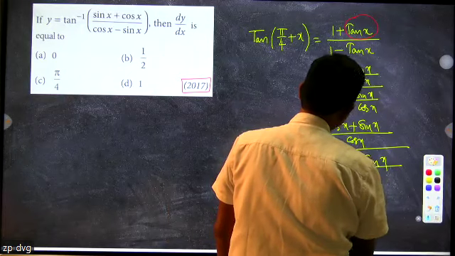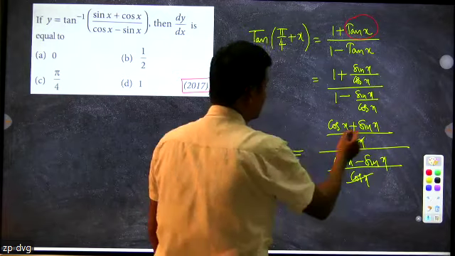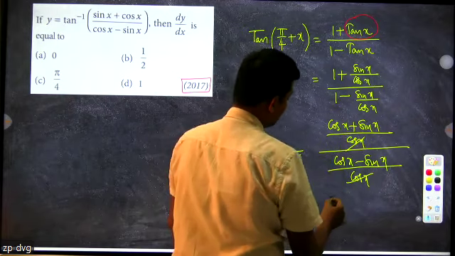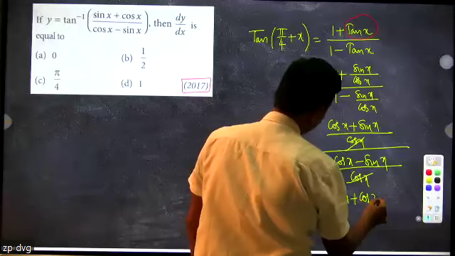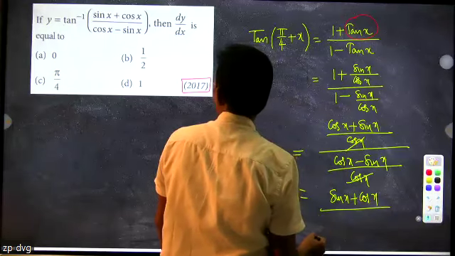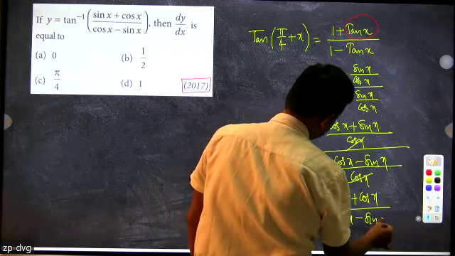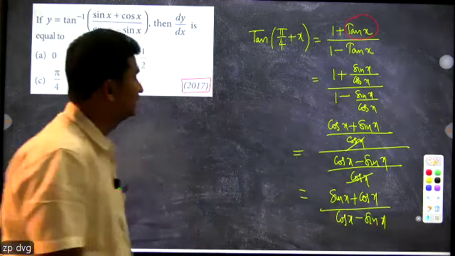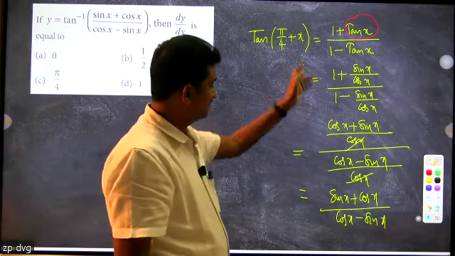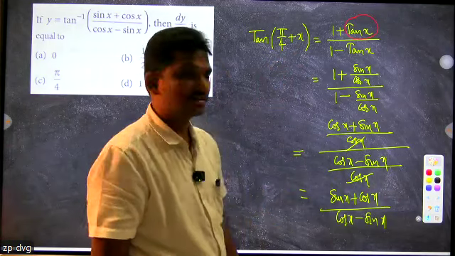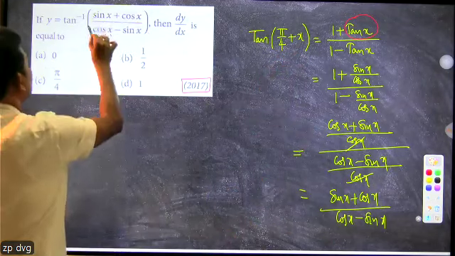You see, this cos x will get cancelled. What you got here? Sin x plus cos x divided by cos x minus sin x. So the tan pi by 4 plus x formula is cos x plus sin x divided by cos x minus sin x.